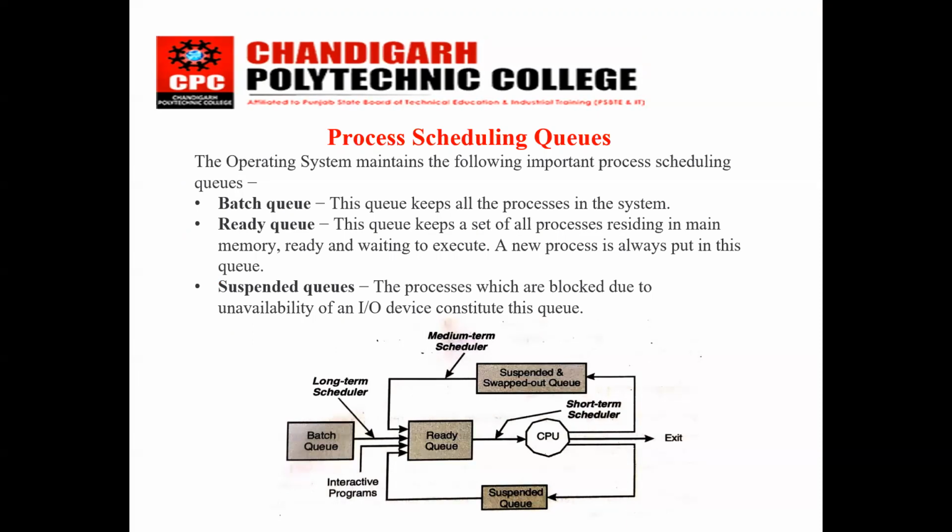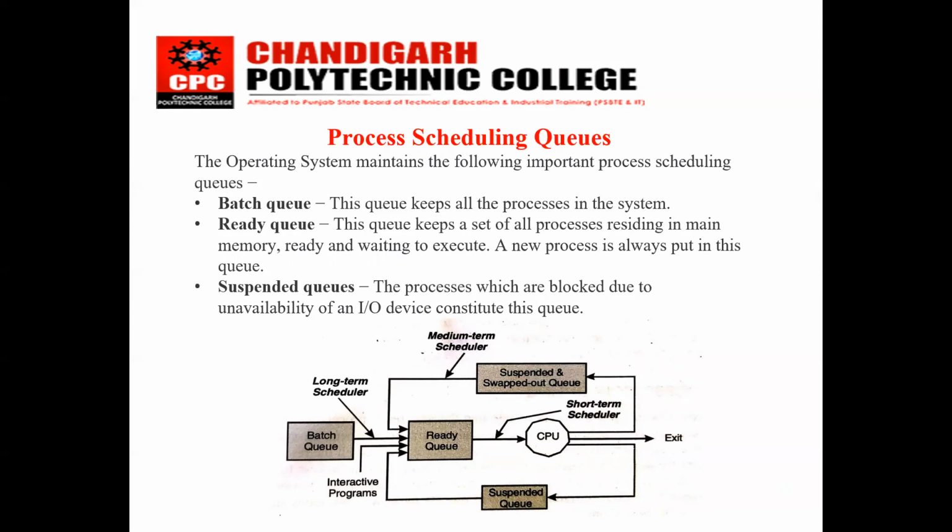Ready queue: the main objective of this queue is to keep a set of all processes residing in main memory, ready and waiting to execute. A new process is always put in this queue. And last we have the suspended queue, which contains the processes that are blocked due to the unavailability of an input output device.